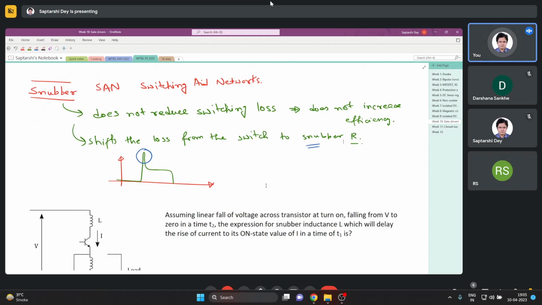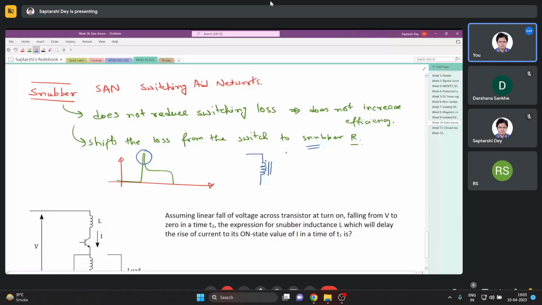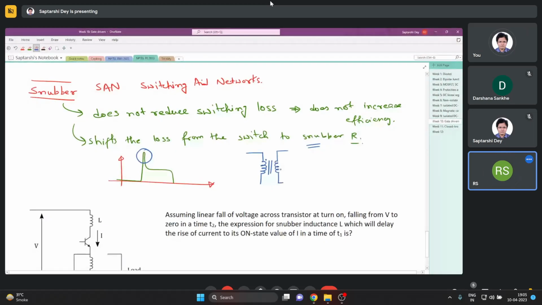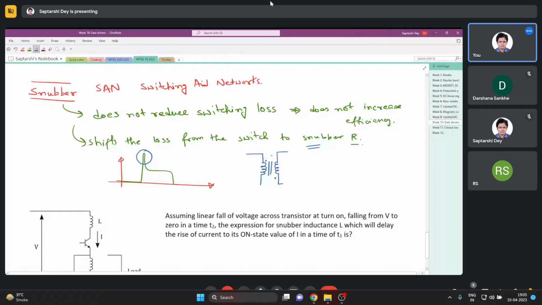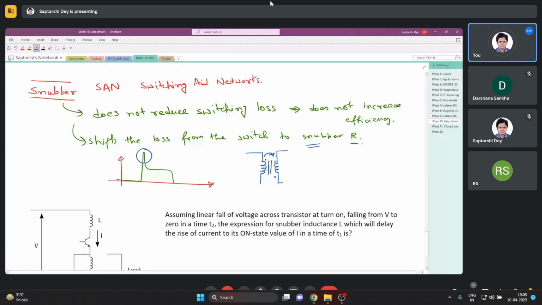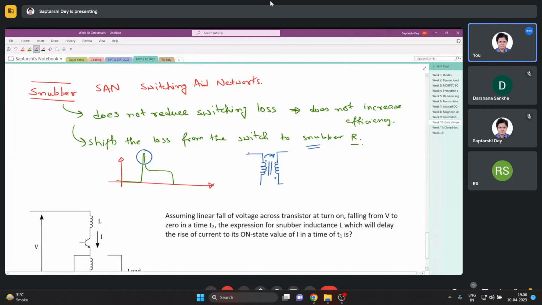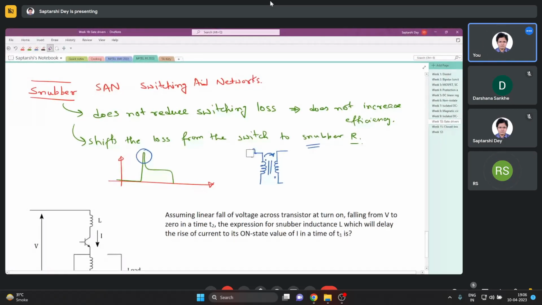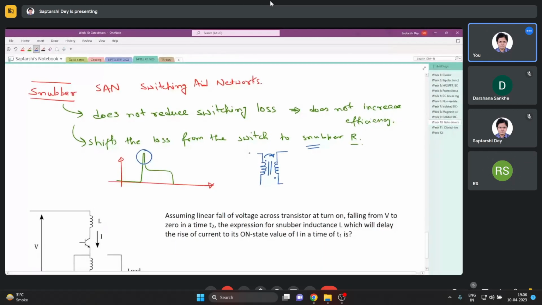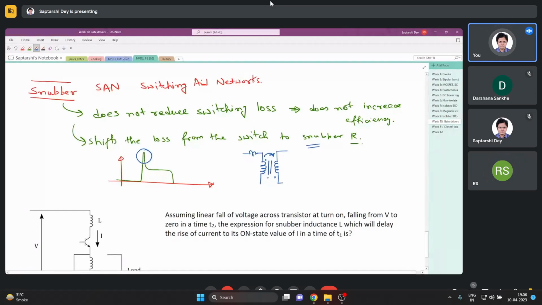We discussed this in the flyback. The stored energy in the transformer core goes to the other winding. But if you have a leakage inductance, that energy is not mutually coupled, that is why it is leakage.